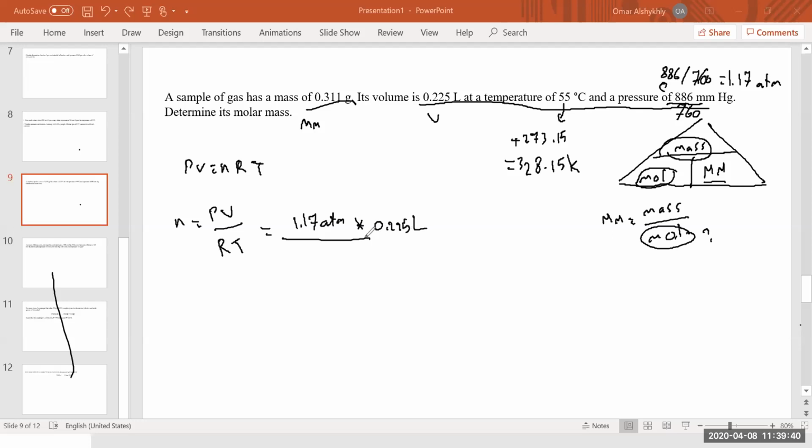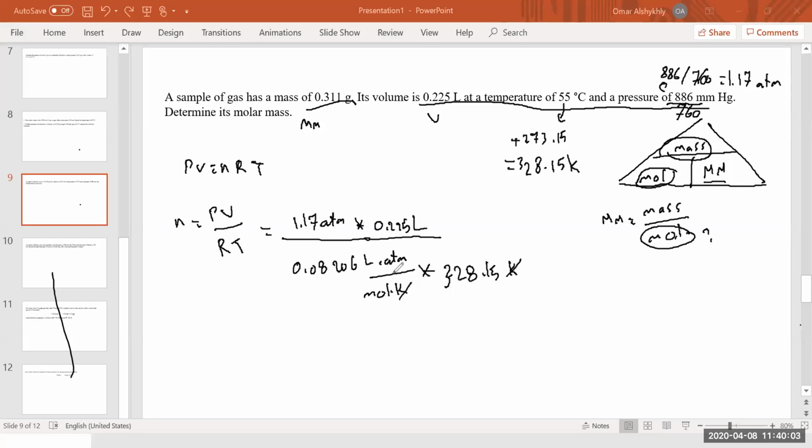0.225 liter, divided by R, which is 0.08206 liter atmosphere per mole Kelvin, divided by the temperature, which is 328.15 Kelvin.